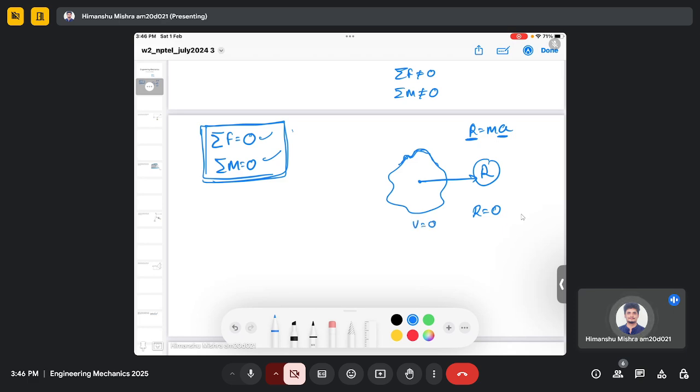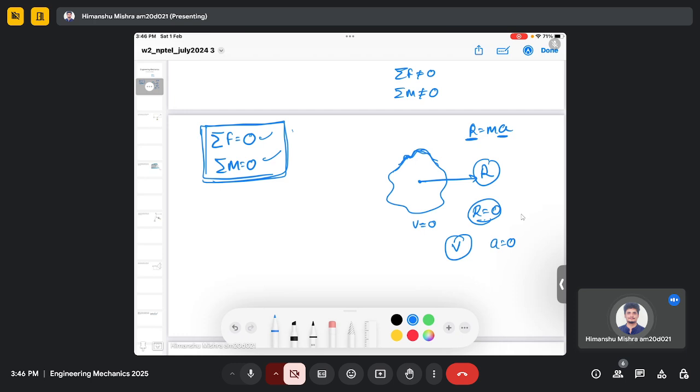The second condition is if the body is already moving with some velocity, let's say v, it will always keep moving with this velocity because the acceleration is 0, because this force R is 0.